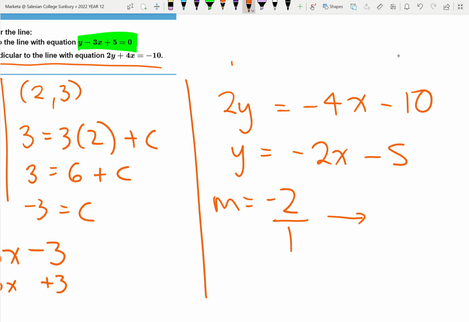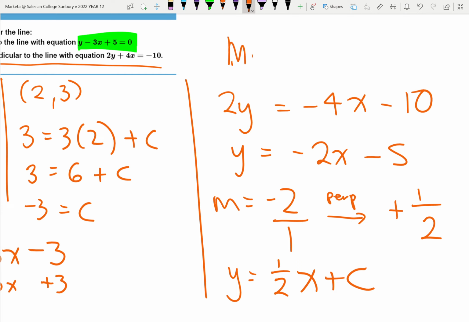So for the perpendicular, we're going to flip it and put the opposite sign. So our equation is y equals half x plus c. Again, you could have done m1 m2 equals neg 1, and then subbed in the neg 2 for one of those m's and solved. You'll get the same thing, whichever way you like best.